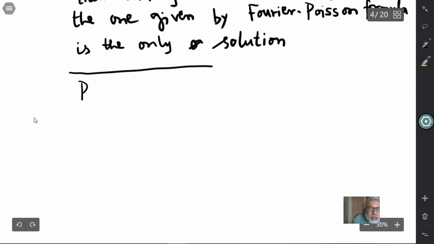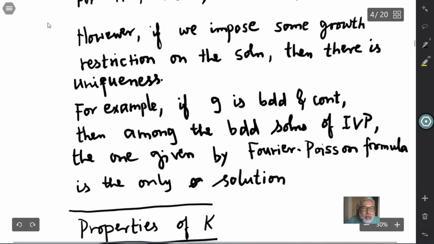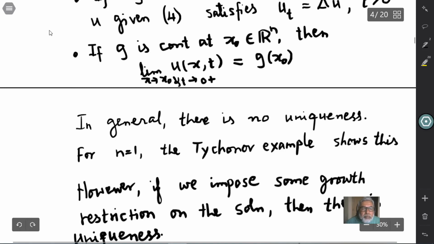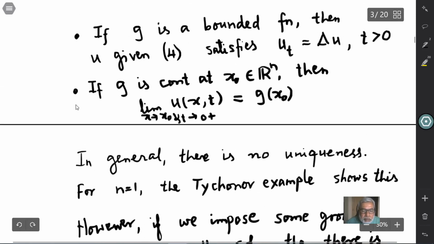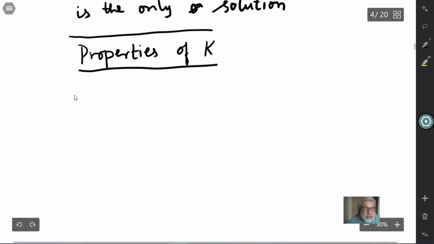Properties of k, which are used in deducing all these statements. Okay. So let me just mention them.